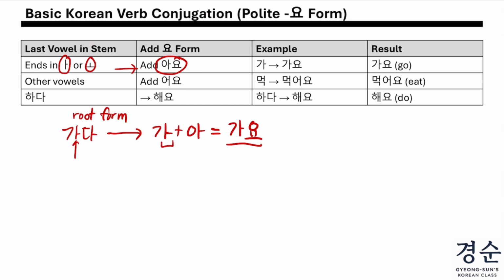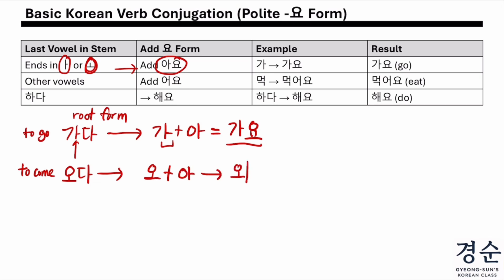Okay, and for example, 오다. 오다 means to come. So this is 가다, to go, and 오다, to come. So 오다, you can see here, ends with o. So we add ayo. So o plus a, what do we get?